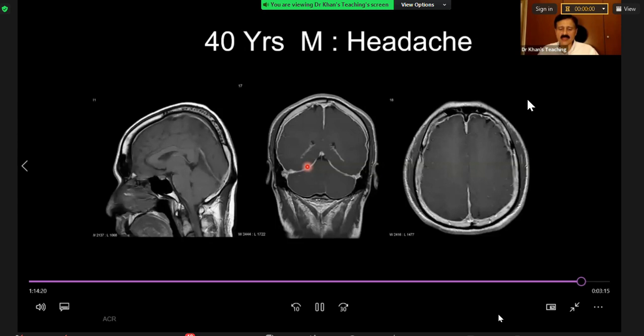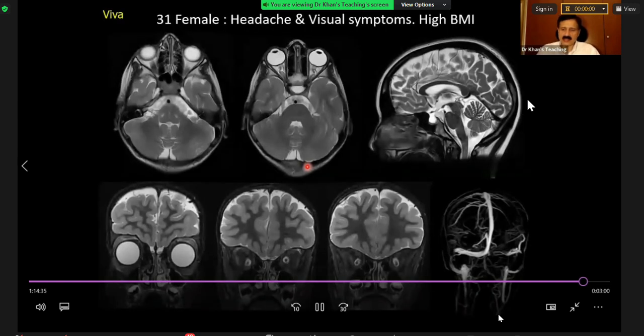So if somebody can give you spontaneous intracranial hypotension, I believe they can also give you idiopathic intracranial hypertension. And I am going to show you a case. And this is the last case for candidate 8. Can you describe the findings? I have given you the diagnosis. Over to you.